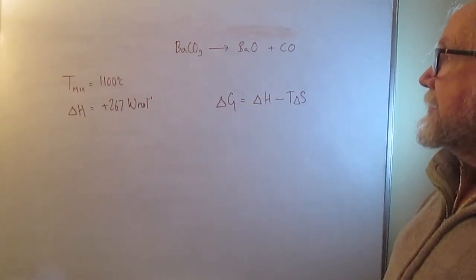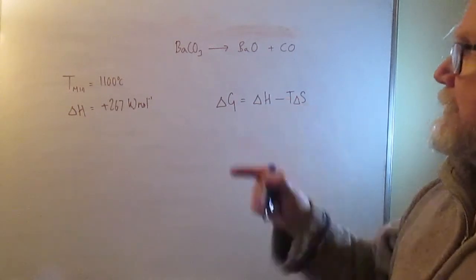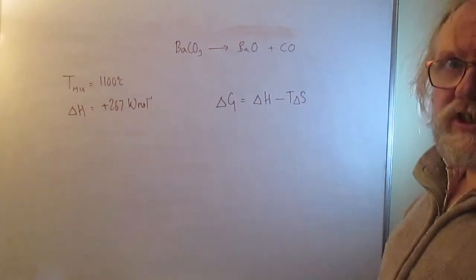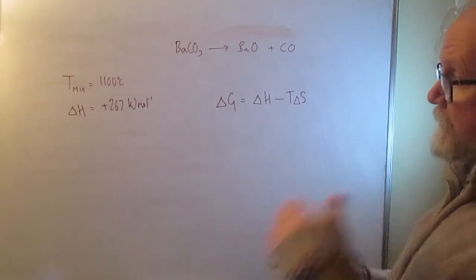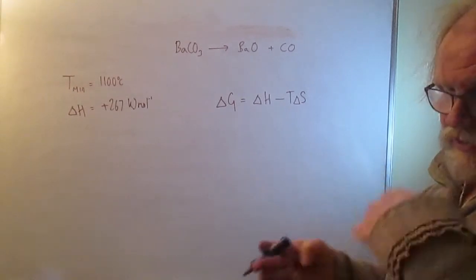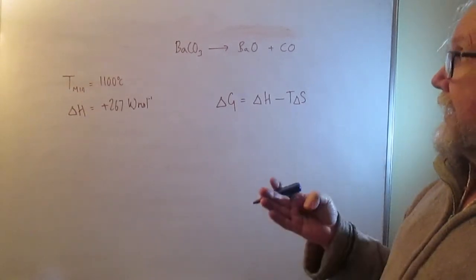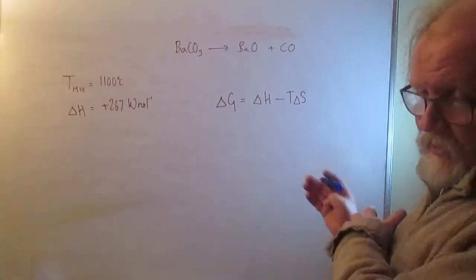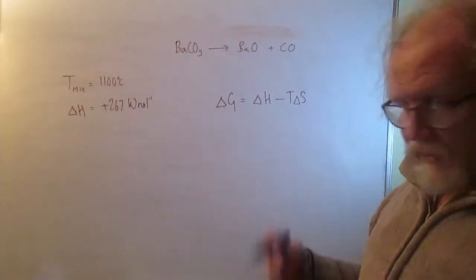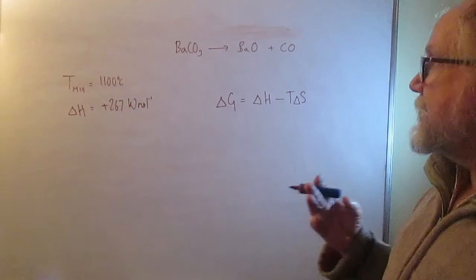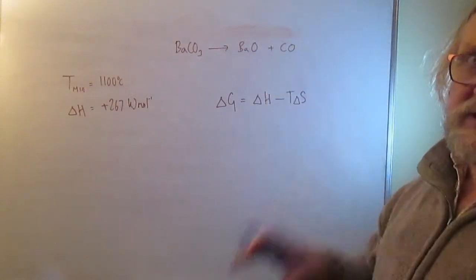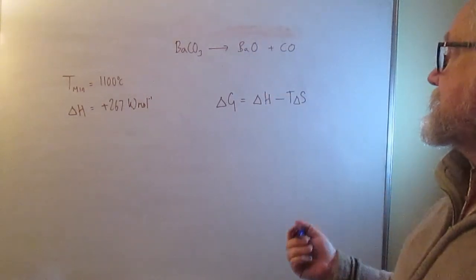And then the point is that at the minimum temperature, that's when delta G goes to 0, because at temperatures below that delta G is positive, so the reaction's not possible, but above it delta G is negative, so then it becomes possible, and that's why it's the minimum temperature. So that's the point at which it swaps from being positive to negative, therefore delta G is 0.